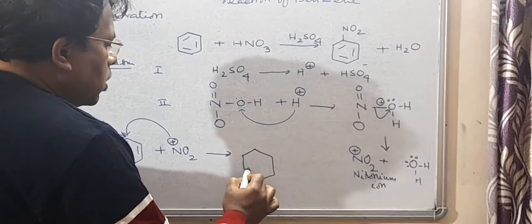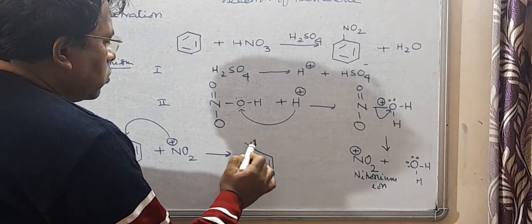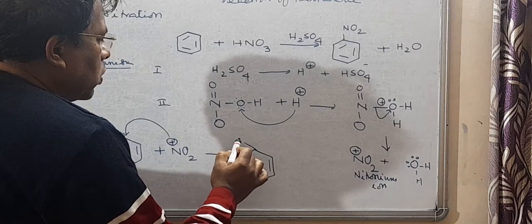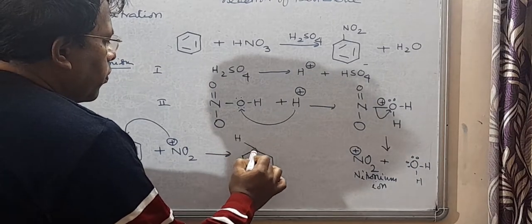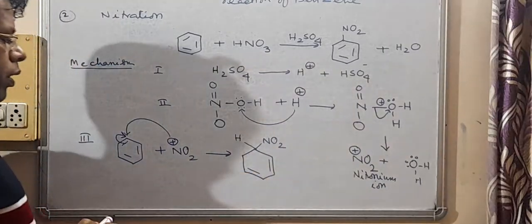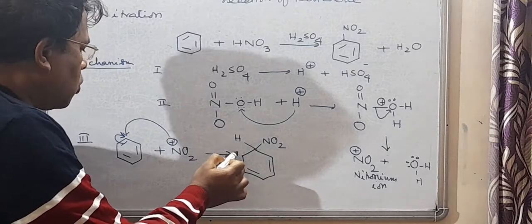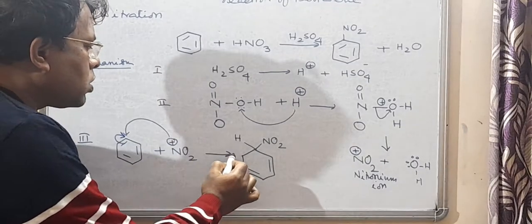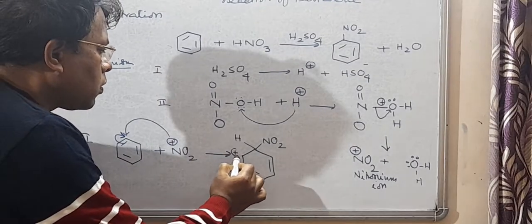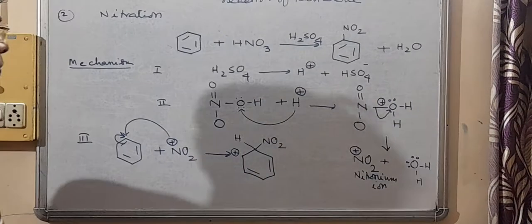So it becomes like this. And since this carbon has lost its share of electron, this carbon will become plus. So the sigma complex is formed.